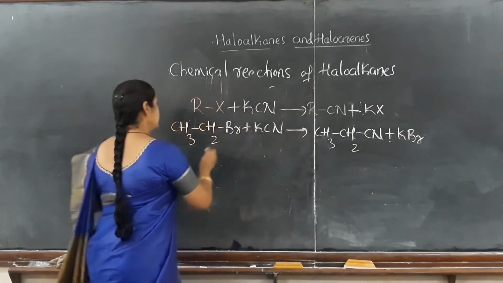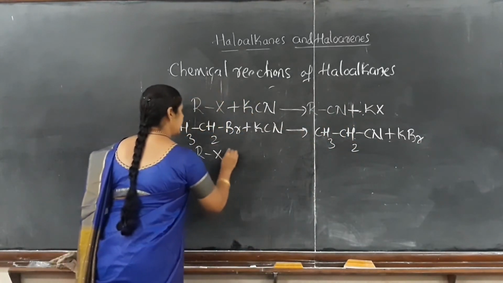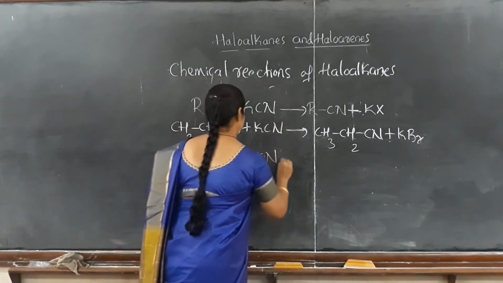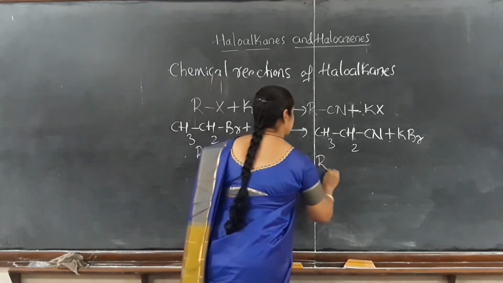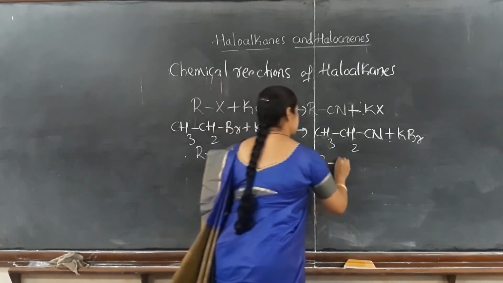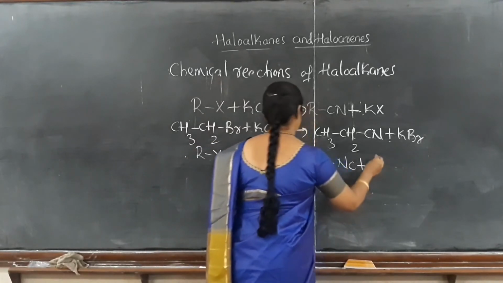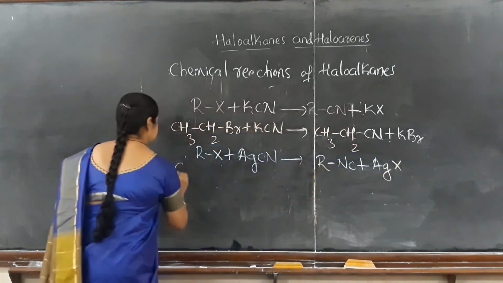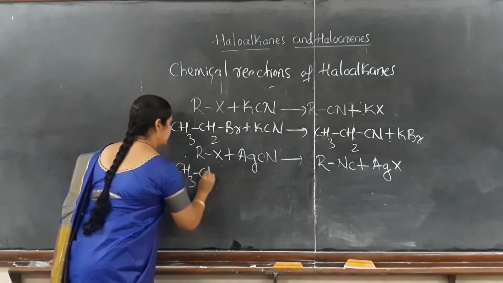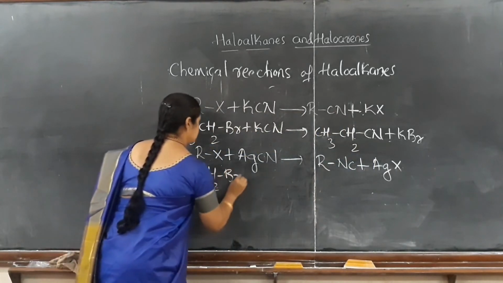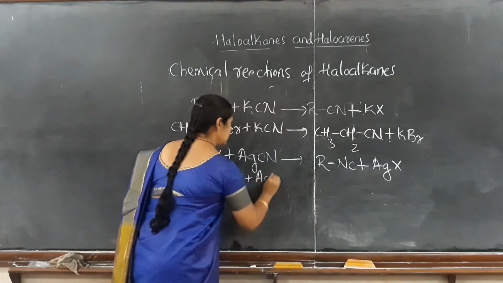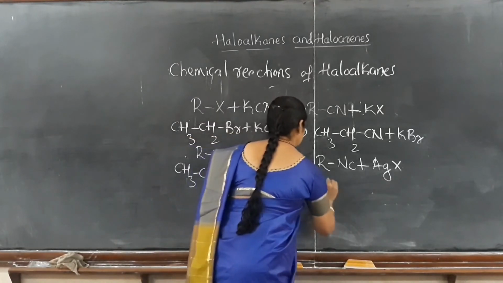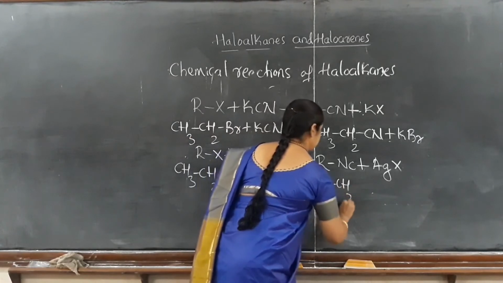If we treat an alkyl halide with silver cyanide, then we get alkyl isocyanide. So ethyl bromide treated with silver cyanide gives ethyl isocyanide.